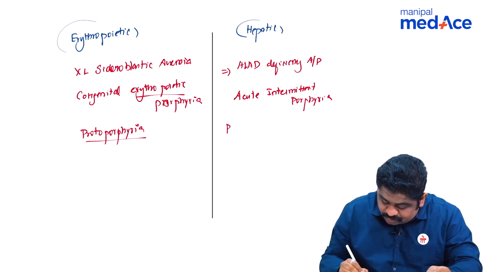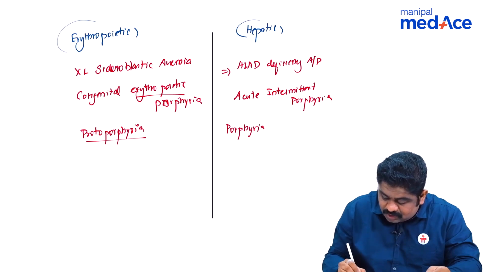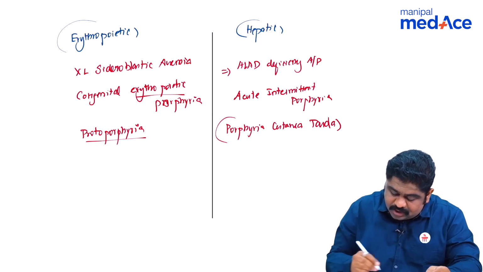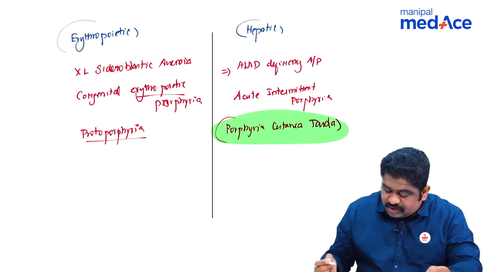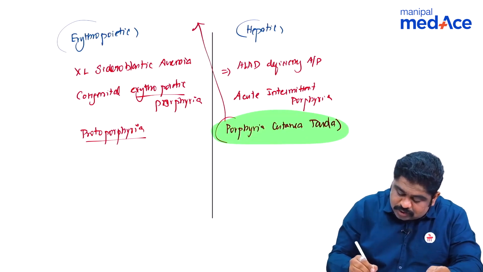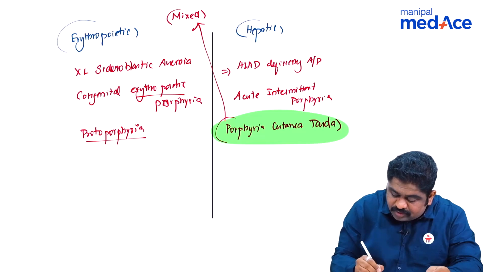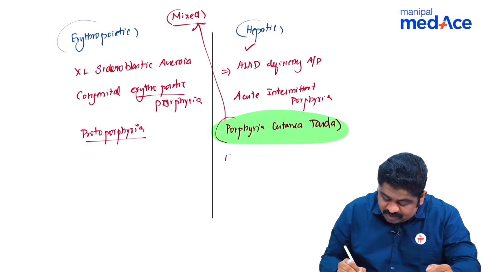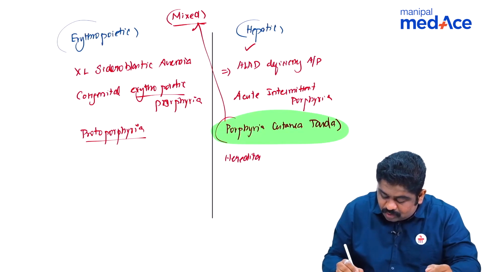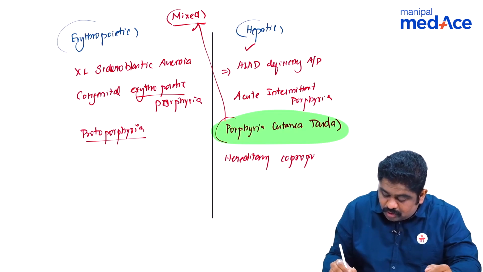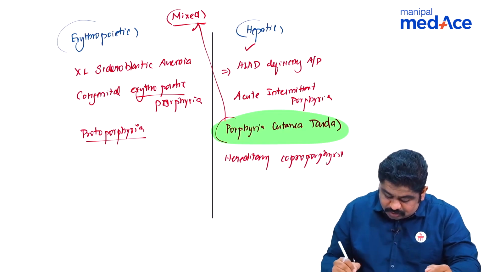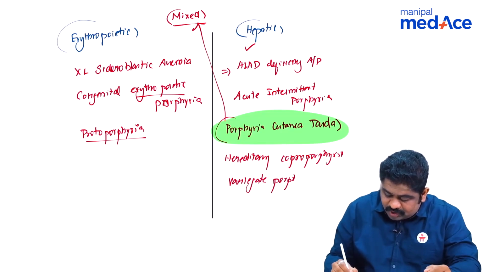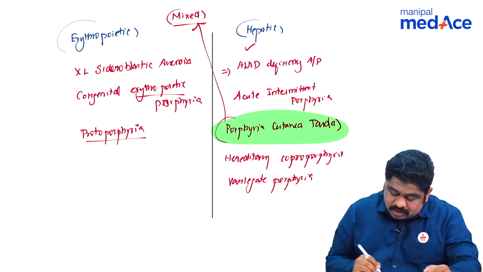Next, porphyria cutanea tarda is mostly hepatic, but let me mark this particular disease and say that it can also be a mixed type of porphyria where both can exist but predominantly hepatic. Then you have hereditary coproporphyria, which is also hepatic. Variegate porphyria, which is hepatic.